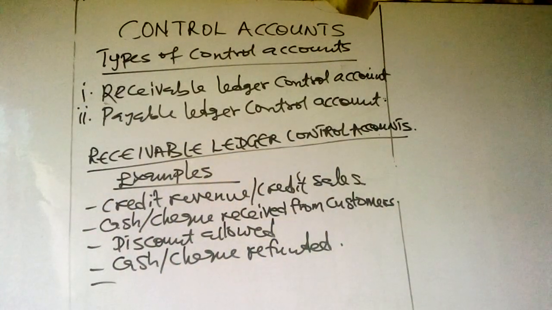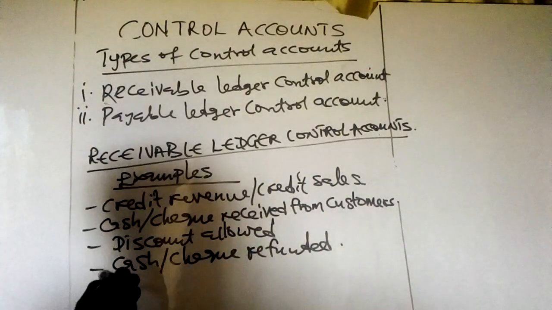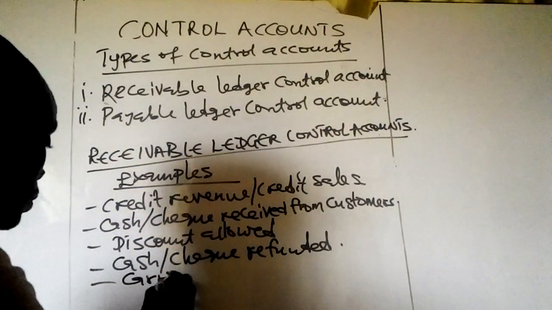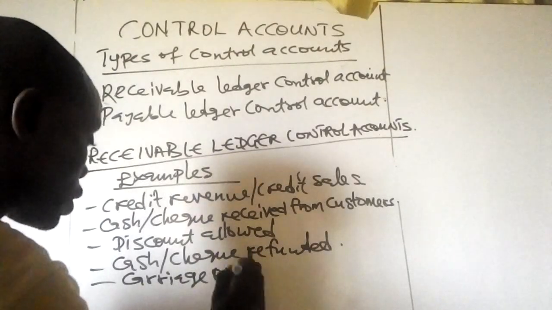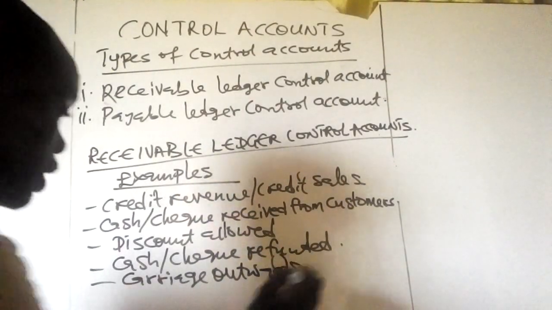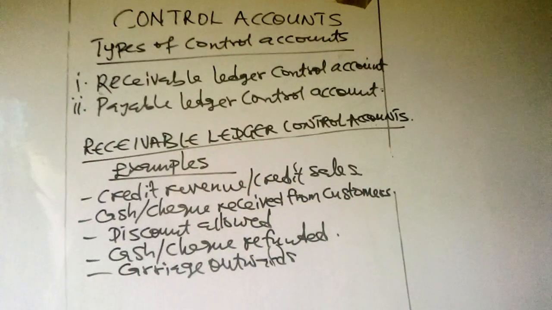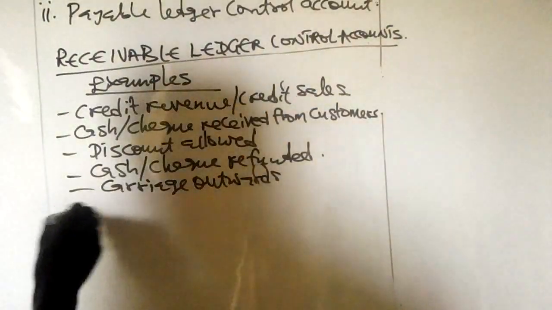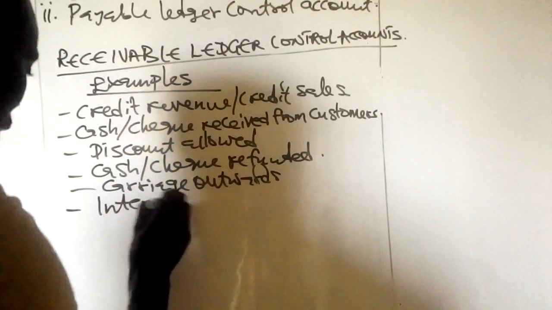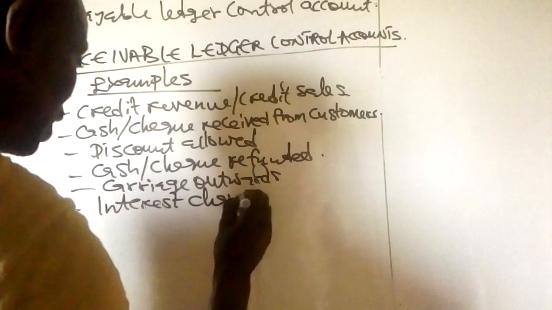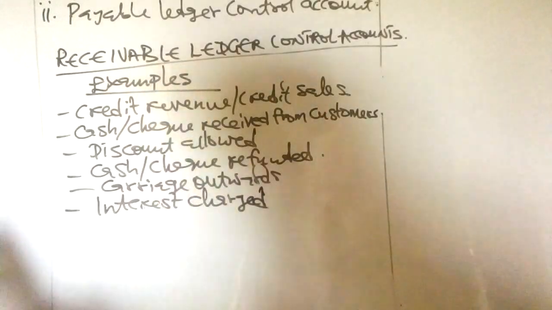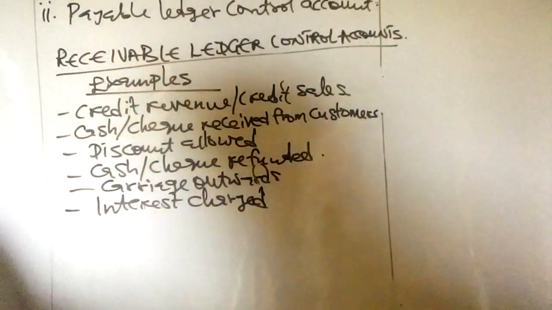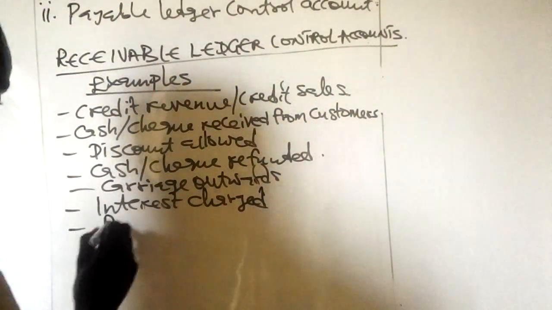The next one, we have the carriage outwards. Then we also have the interest charged. These are the items that will be recorded in the control account. Then we also have the return inwards.